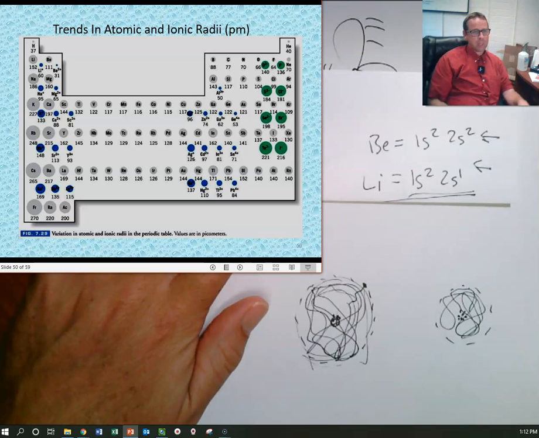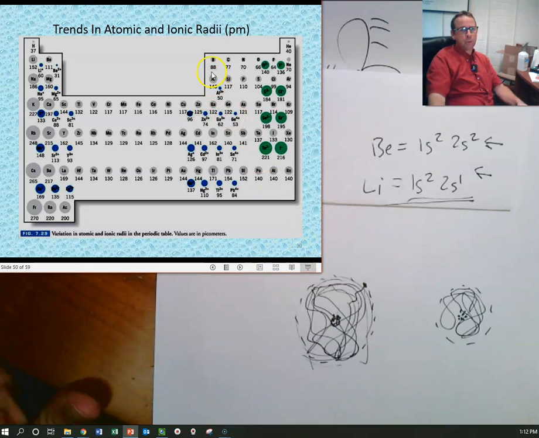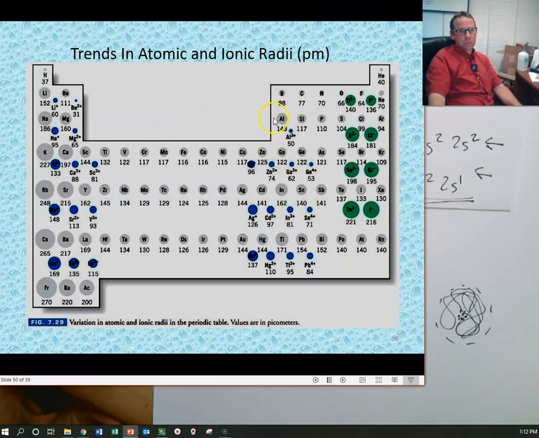All right, so for example, if we look at boron 86 going to neon, well, let's do aluminum to argon because it's a little bit easier to see on this image. Aluminum 143, and the units for the size here, the radius, is picometers.